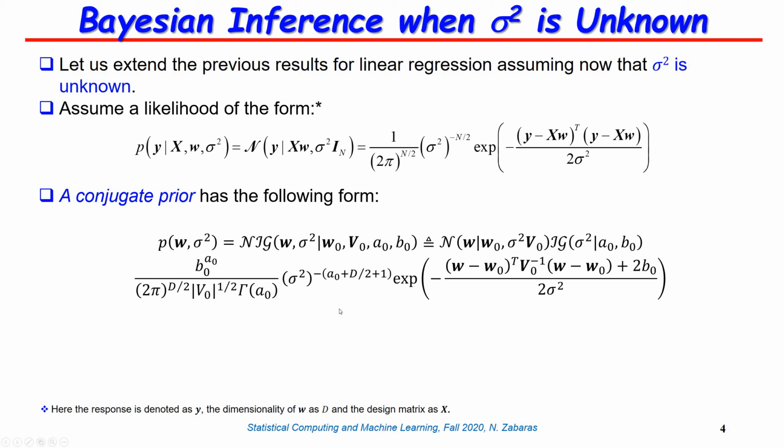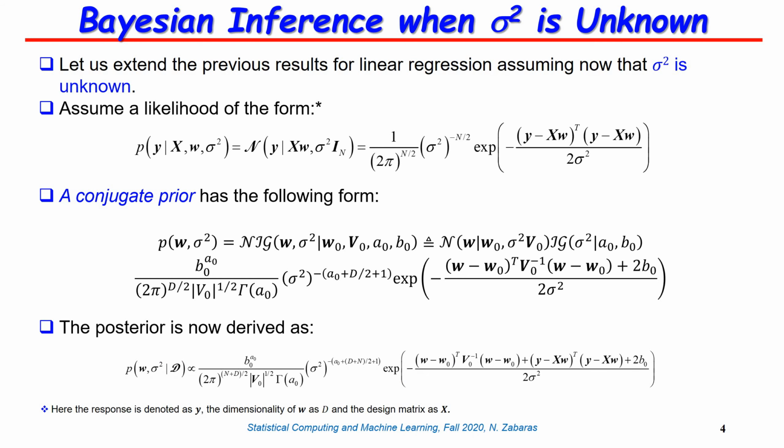Okay, so if you multiply your likelihood and the prior that you see here, you get some unnormalized posterior that looks like this. So I have plugged in most of the terms that involve sigma square and W, so you get this rather complicated form.